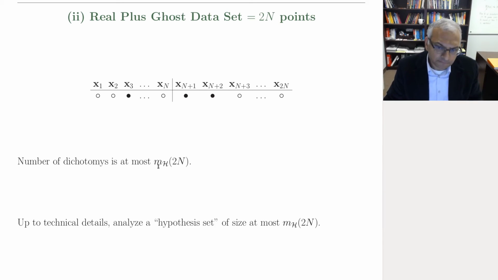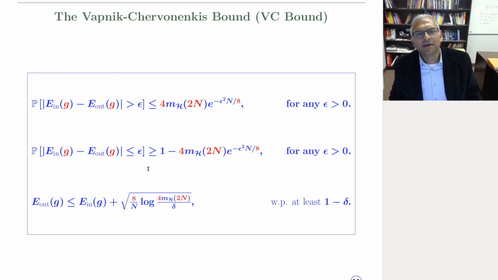So basically, up to technical details, which I'm ignoring here and you can find in the text, everything boils down to analyzing a hypothesis set of effective size m sub H of 2n. When you collect all these technical details together with the insight that to compare E in to E out, it suffices to compare E in to E in prime, we get the generalization bound that we want.